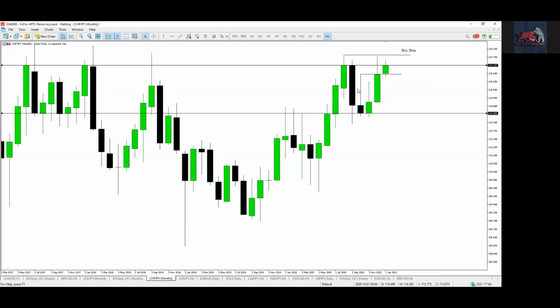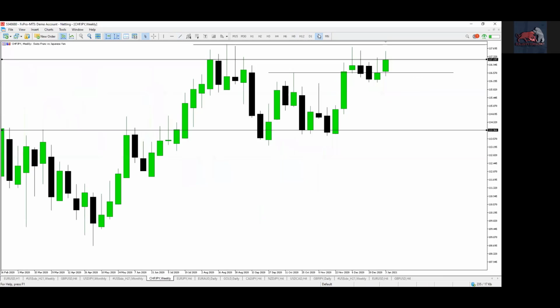So now it's a case of being a bit cautious with the Swiss franc, because if we look at last week, when we go to a weekly time frame, last week's closing price came in at 117,168, and if you see the monthly bullish candle, the closing price came in at, I think it's almost the same.